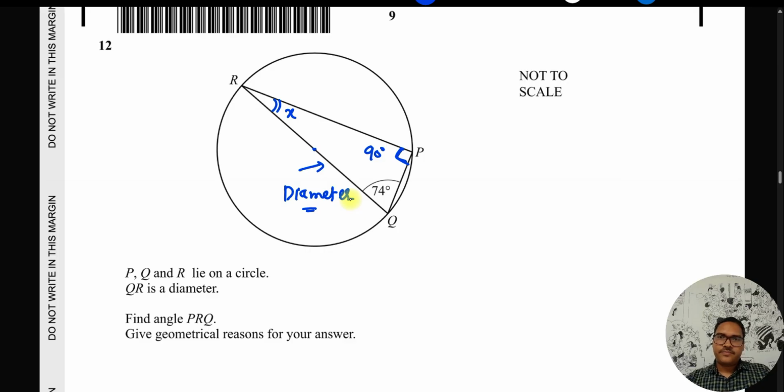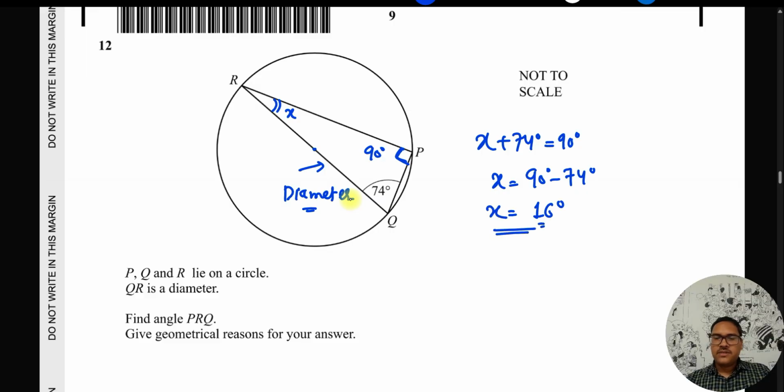So that means x plus 74 degrees should be equal to 90 degrees, because the sum should be equal to 180. So what is the answer? This is 90 degrees minus 74 degrees, which is equal to 16 degrees, right? That is the answer for this. Okay, so what is the geometrical reason?